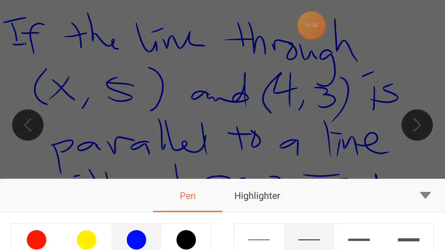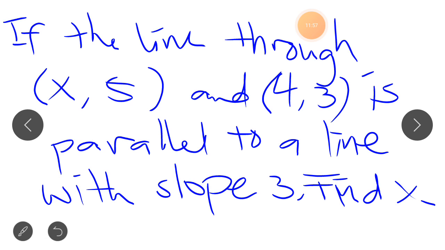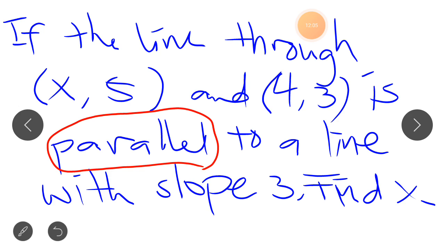This is somewhat similar to the first problem, but on this one, it is stated here that the two lines are parallel to each other. So it means that we're going to use the equation m sub 1 equals m sub 2. Okay, so the first thing to do is to get the slope of the two lines.